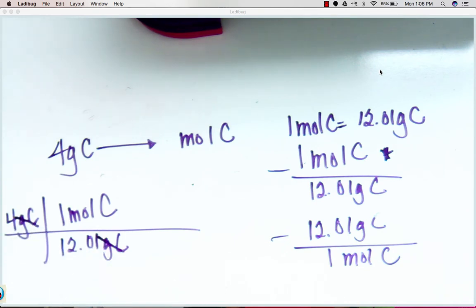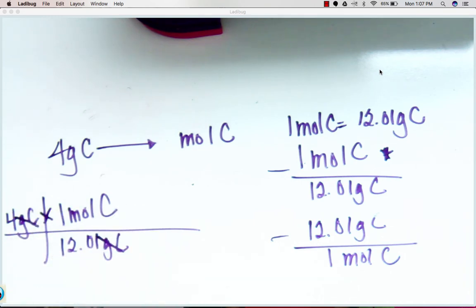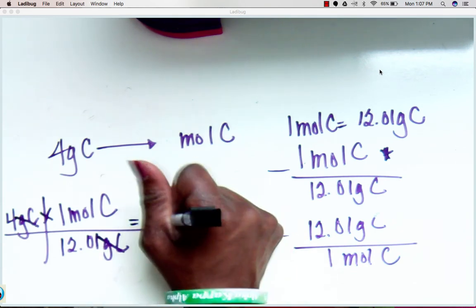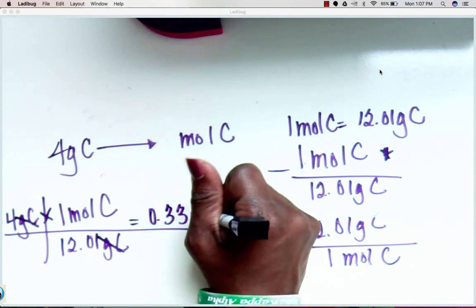Your like units are always diagonal. Now to solve the problem, you multiply the numbers in the numerator and divide by the number in the denominator. So 4 times 1 is 4, divided by 12.01, and that gives you 0.33 moles of carbon.